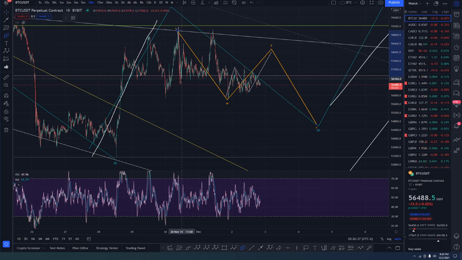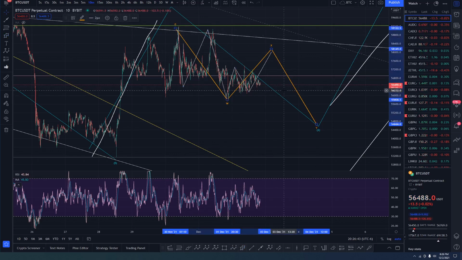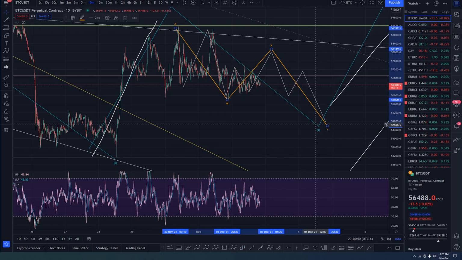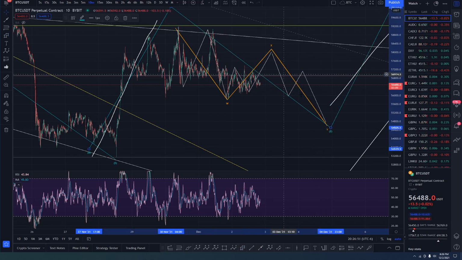Okay, so we got a 3 there, 3 there, and then we'd probably be looking for a 3. So I'm just reviewing what I just shared. Okay, something like that. It'll take a while, take all weekend. Just play around in this range all weekend until finally we come down and we hit this liquidity zone.